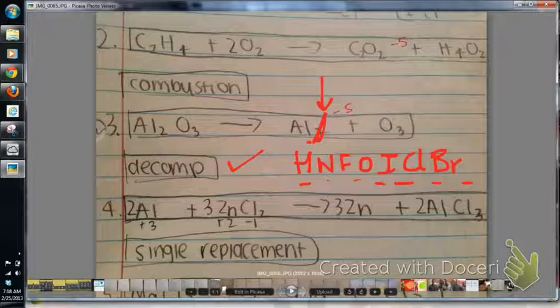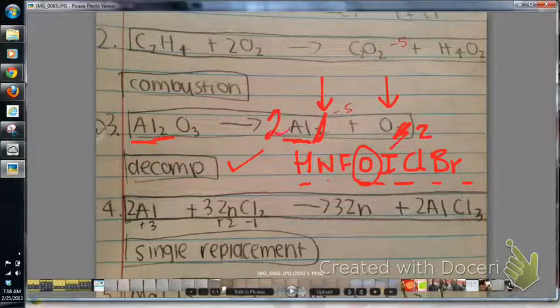So aluminum actually can exist by itself, and oxygen, of course, is on the list, and so it's a diatomic, so having O3 is not the answer. Having O2 is. Now, of course, this means that this equation is not balanced, because now you have 2 Als over here and 1 Al over here, so this needs at least a 2. Okay, so we have 2 aluminums here, 2 aluminums here. But then we have a problem because we have 3 oxygens and 2 oxygens.